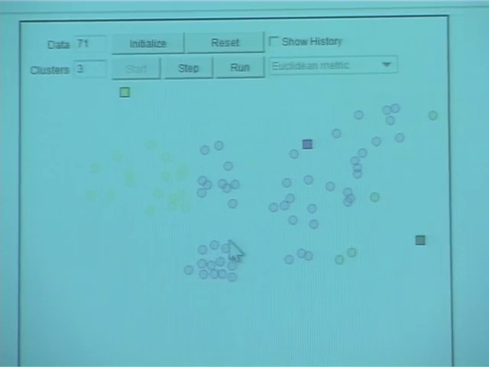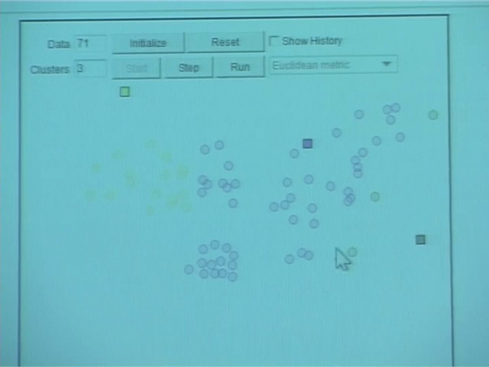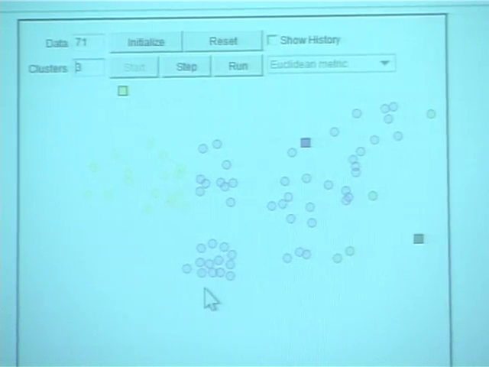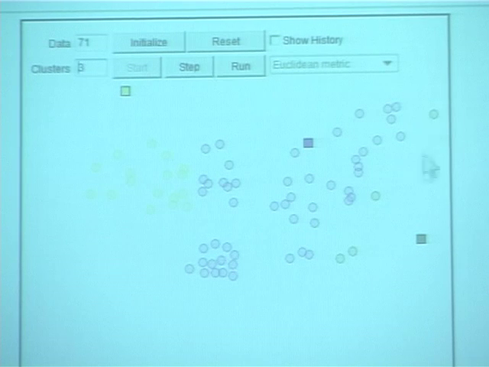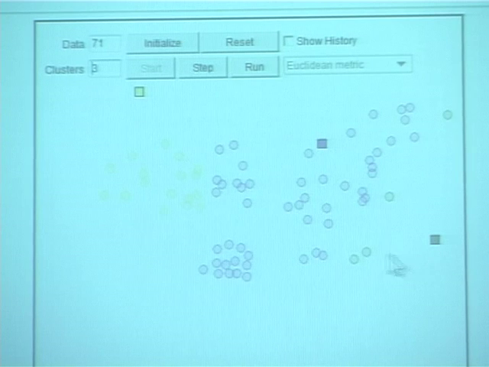I wanted this group to be in the same cluster, but it belonged to this larger cluster. So initially, our clustering is really bad. There's a single cluster which contains members from the 3 groups I first intended, and this group only has 3 or 4 members separated into this last group.